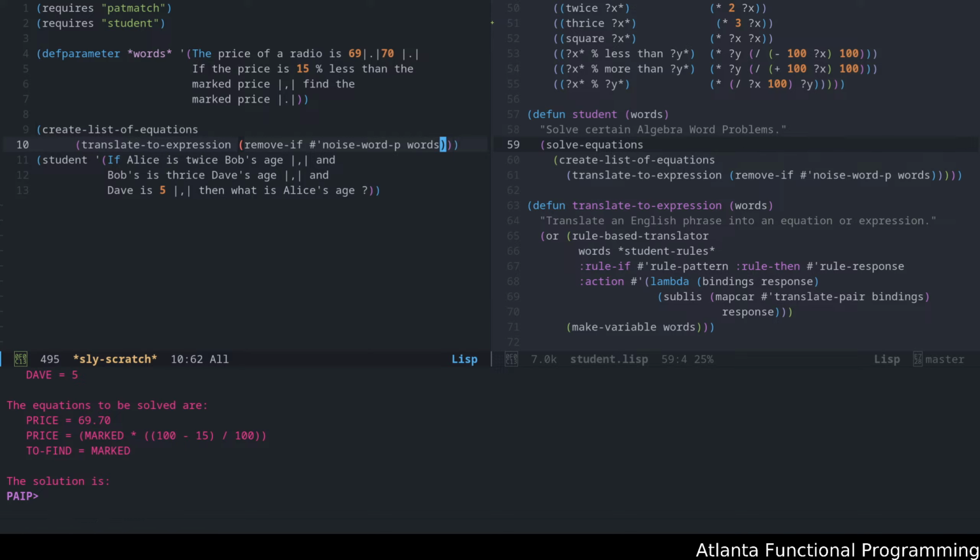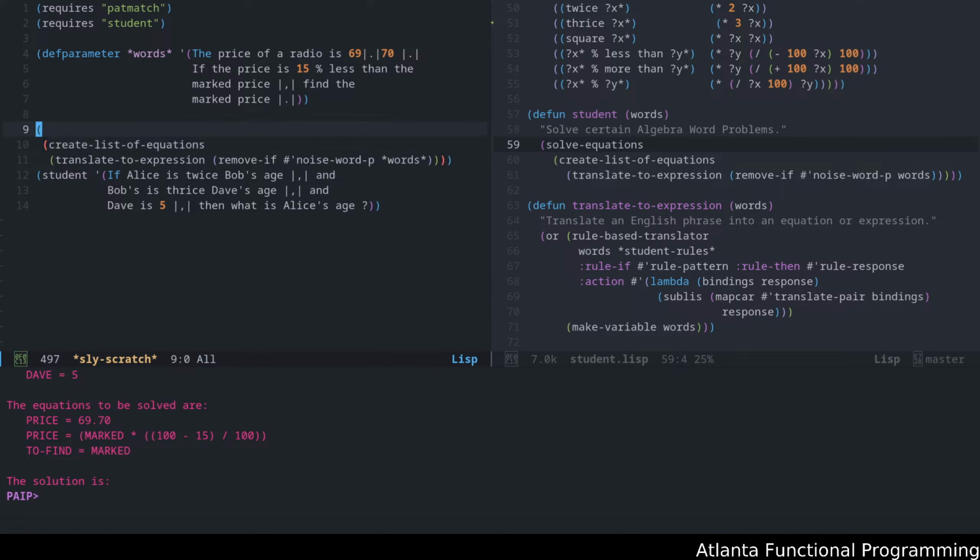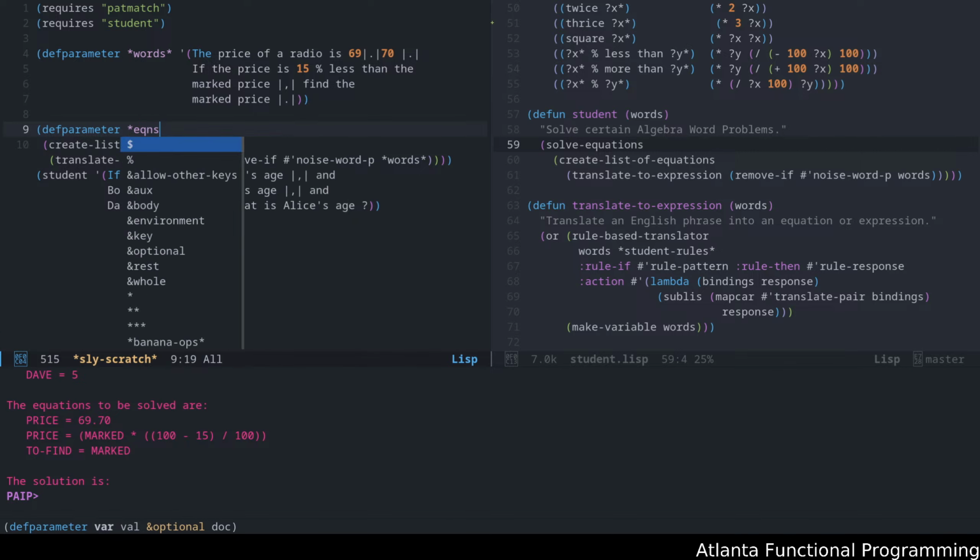So let's store the equations that are getting generated into equations. Okay.